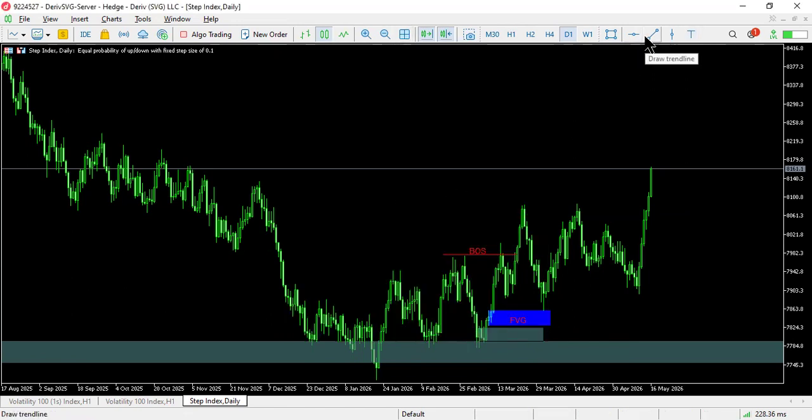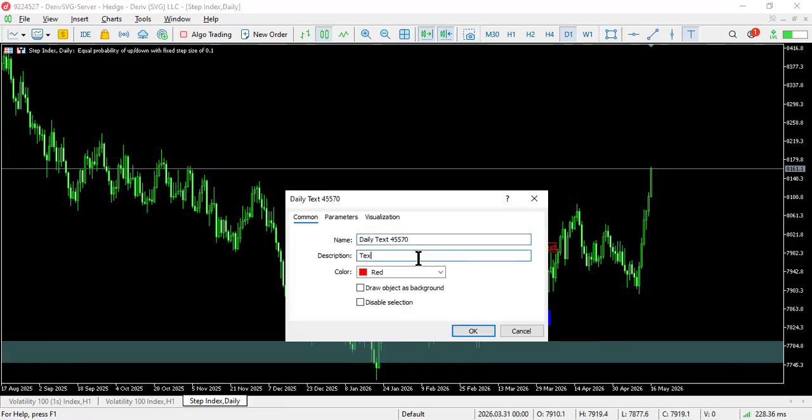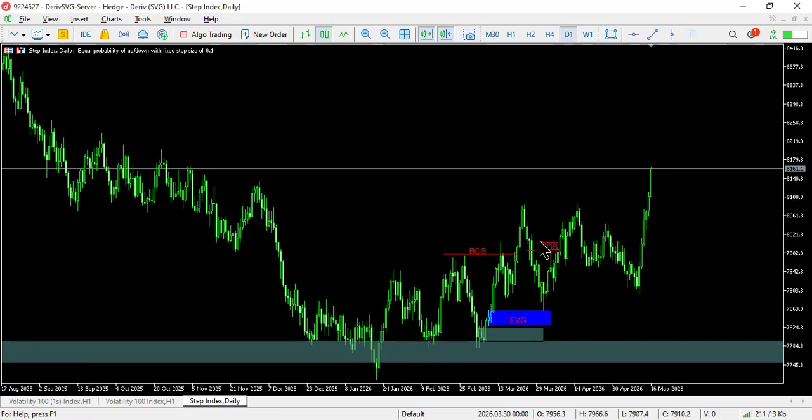Right now, we can see we had a break of structure right there. So we have a break of structure, and then price reacted from our order block right there.